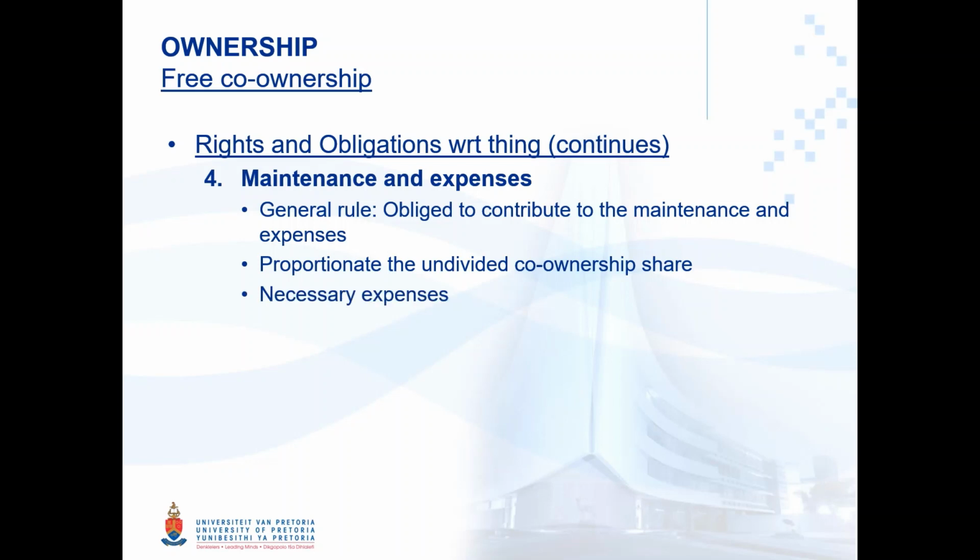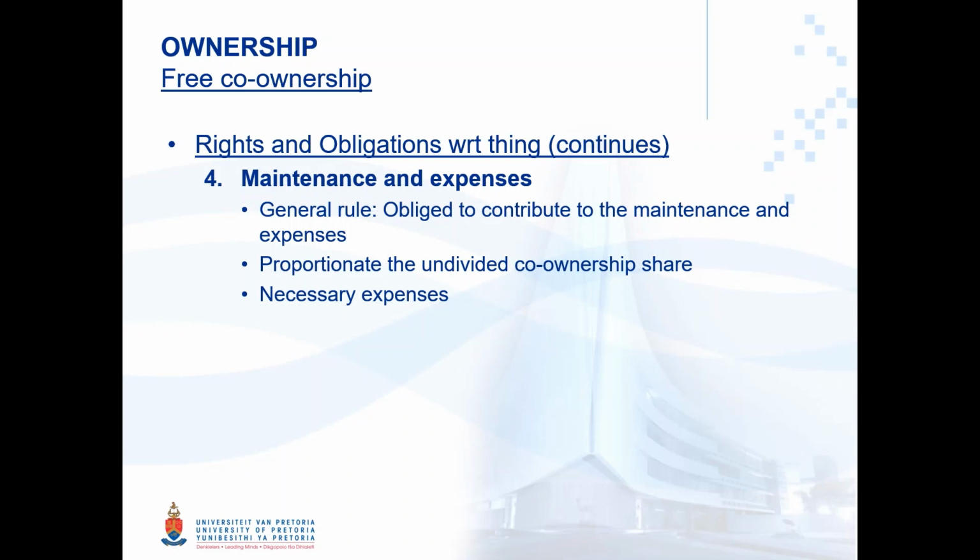The obligation pertains only to necessary expenses regarding the property for the upkeep and conservation thereof, and all other expenses that the co-owners agreed upon that will be shared proportionately. In terms of useful and luxurious expenses expended on the property that the co-owners did not agree to contribute to, there will be no obligation on the co-owners to contribute unless it is necessary expenses.